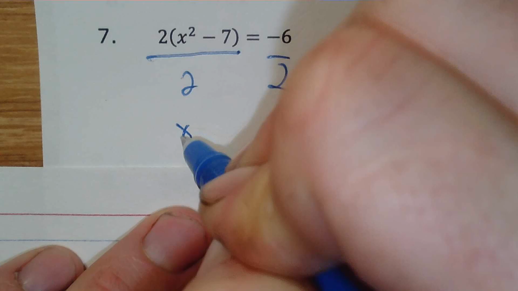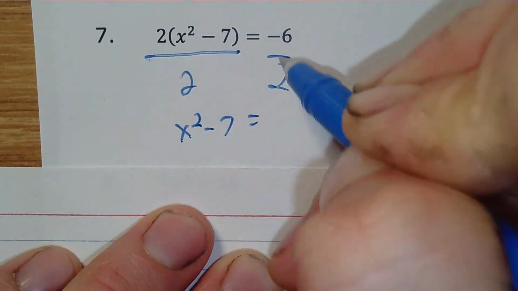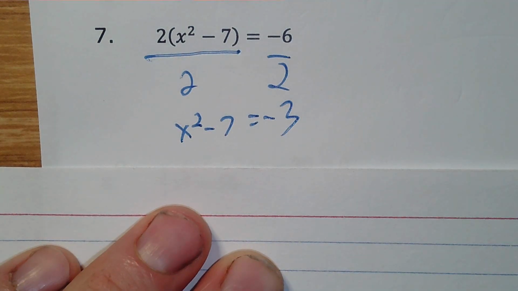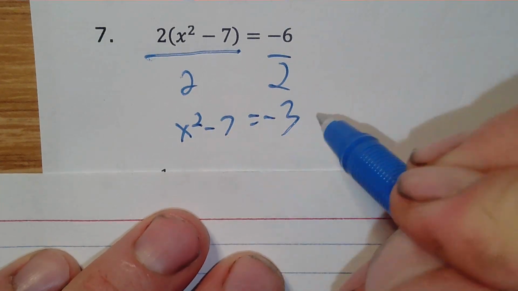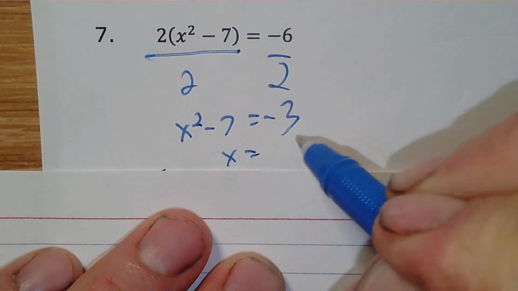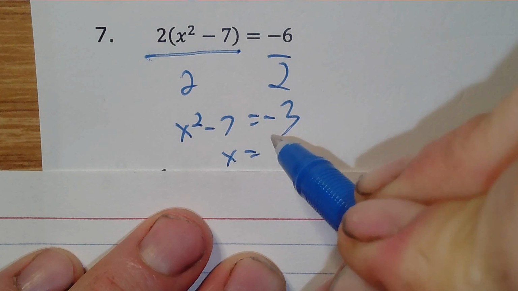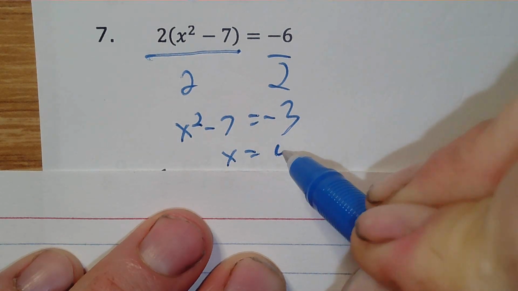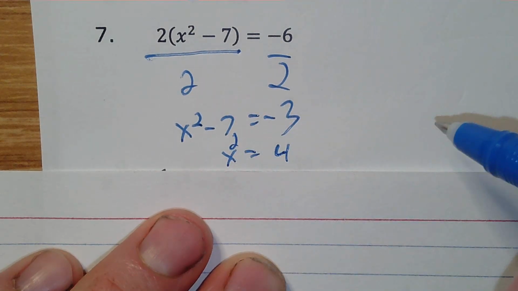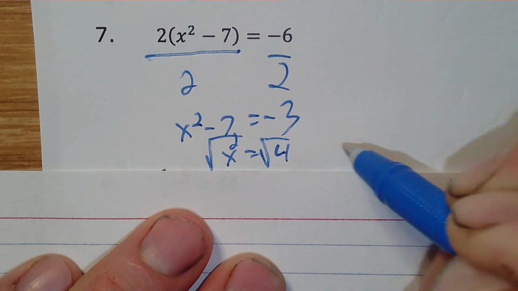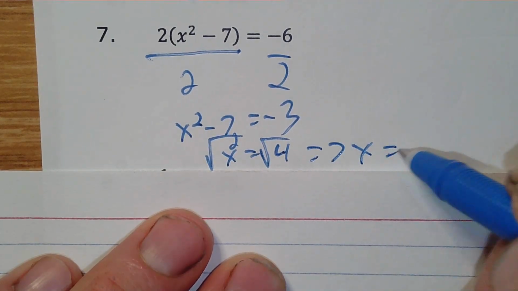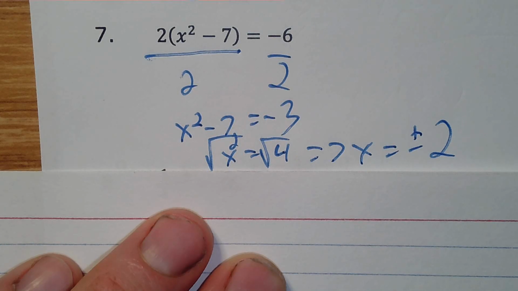I get x squared minus 7 equals negative 3. Now I'm going to bring that 7 to the other side. It's going to be x squared equals negative 3 plus 7, which is 4. So as x squared equals 4, take the square root of both sides. X is going to be equal to positive or negative 2.